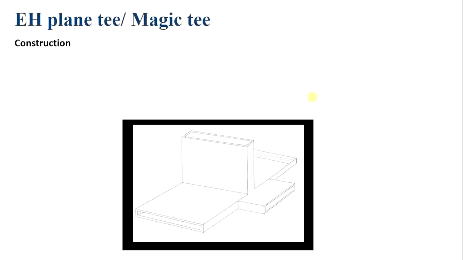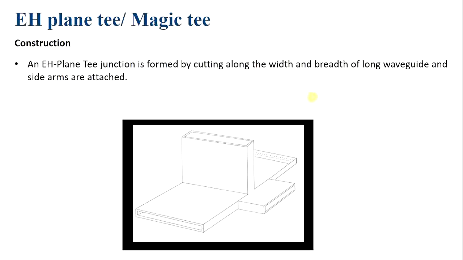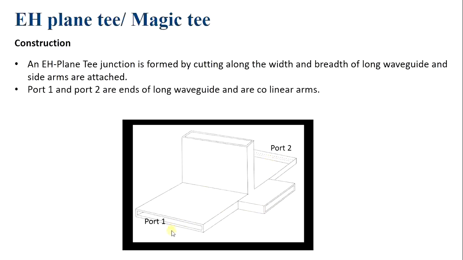Now let's start with the lecture with the magic T, and we will see its construction first. An EH plane T is formed by cutting along the width as well as the breadth of this long rectangular waveguide, and over there the side arms are attached. So you can see this is port 1 and port 2, which are the ends of the long waveguide, and they are the collinear arms.